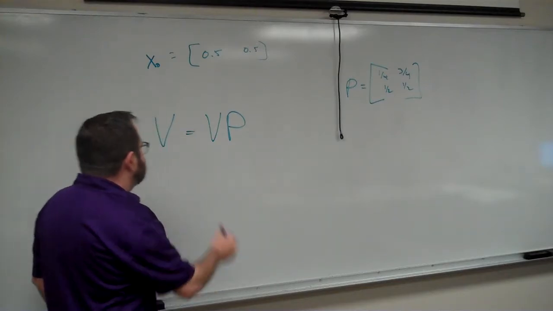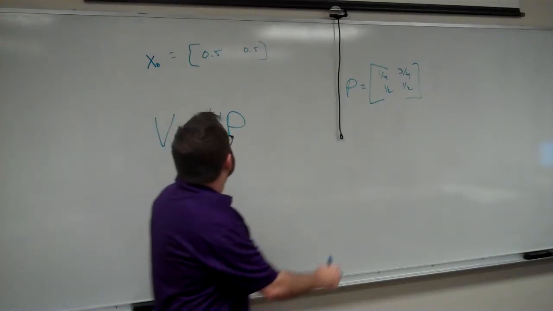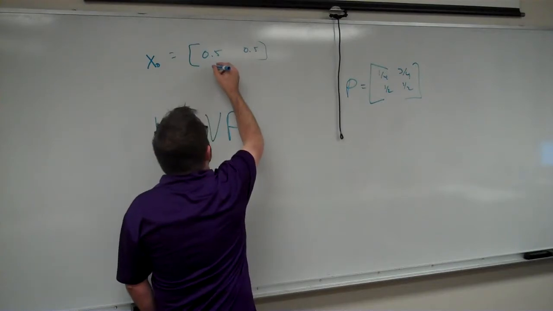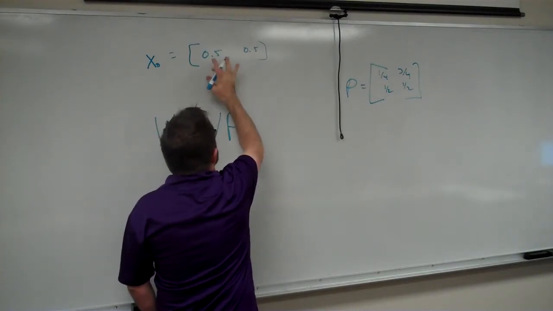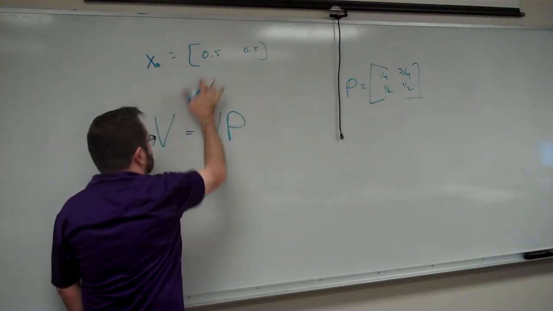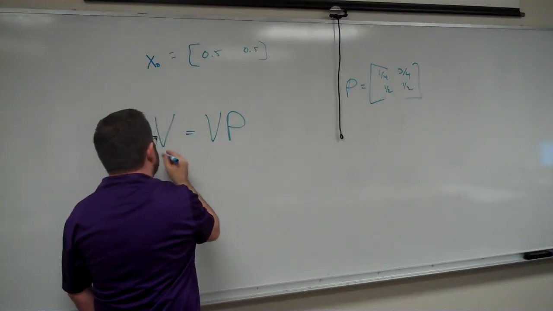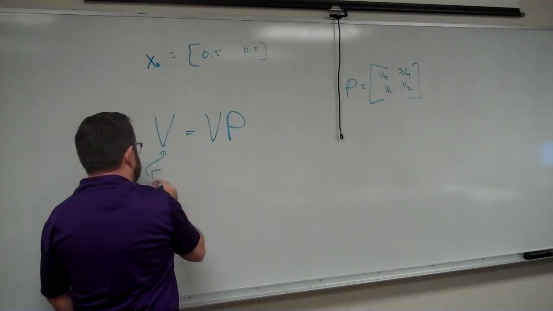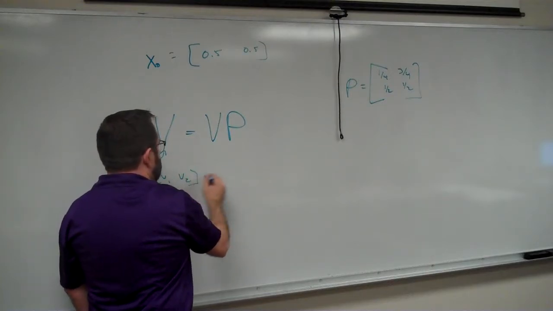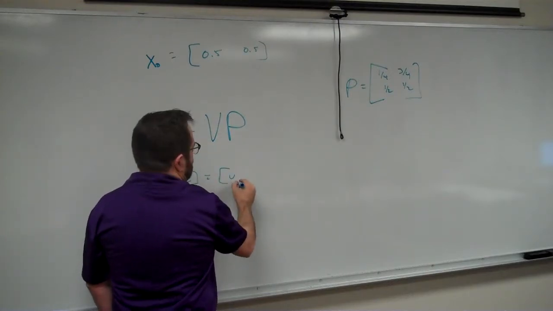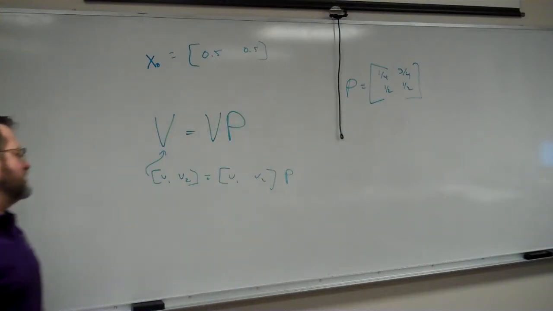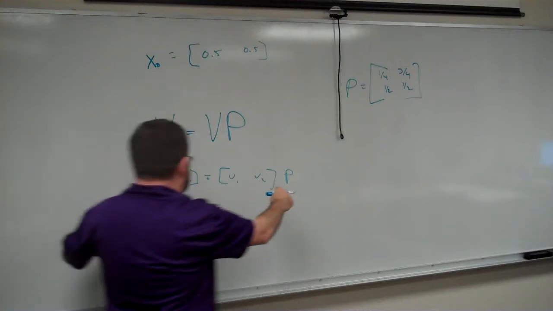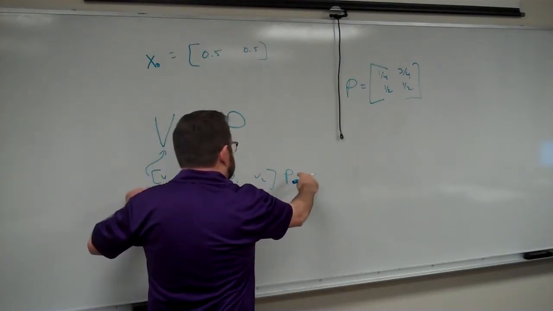And the book says we could set this up as a system of equations. No matter what the starting vector was, we're going to get to the same answer for V. So if we called this big V here V1, V2, and that's going to be equal to V1, V2 times that transition matrix, this sets up a system of equations, right?